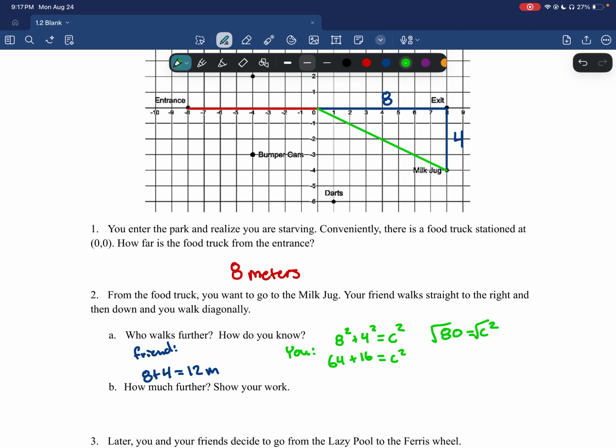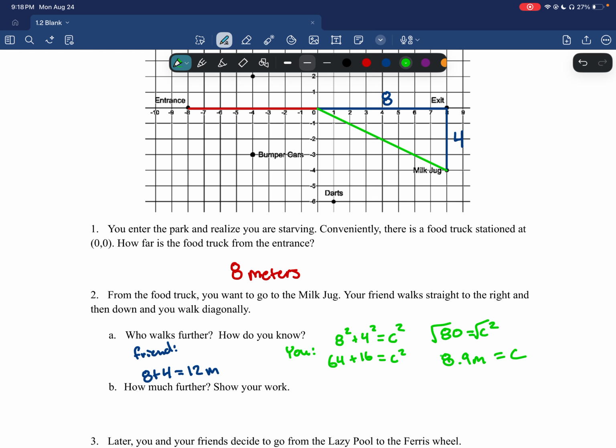Okay, so I am going to plug the square root of 80 into our calculator. And when I plug that in, I get 8.9 when I round it to the nearest tenth, meters. Okay, that is what our C is. Now 8.9 to me makes a lot more sense than the square root of 80, okay?